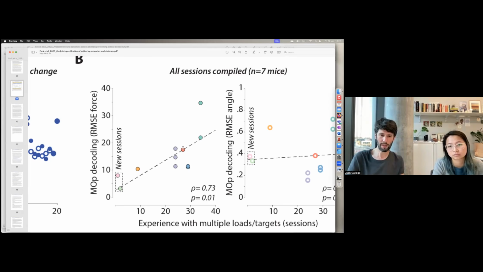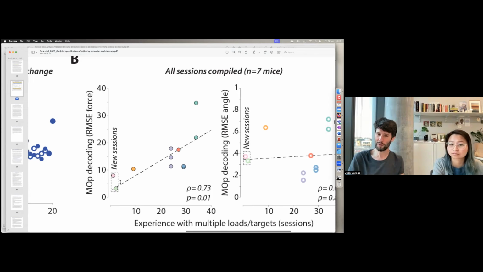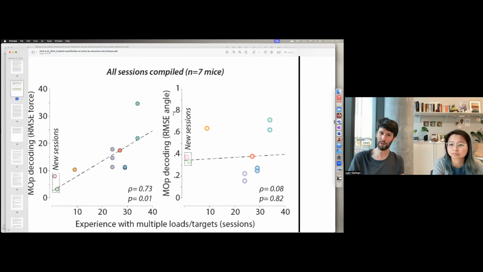Sorry, and you can see that there's a striking correlation between how much practice they have and how poorly you decode force from motor cortex. So after one month of training, you decode force much worse than when mice see the force for the first time. And this is not trivial, because if you do the same analysis for the reaching angle, you don't see this association.